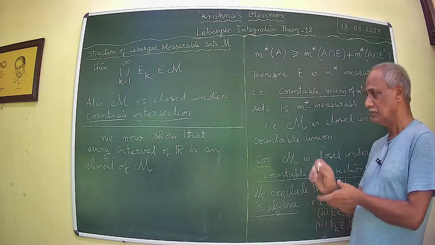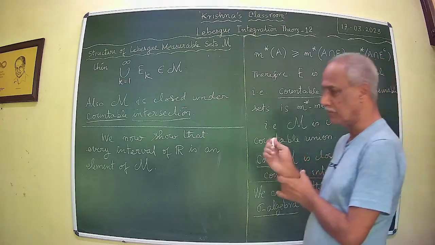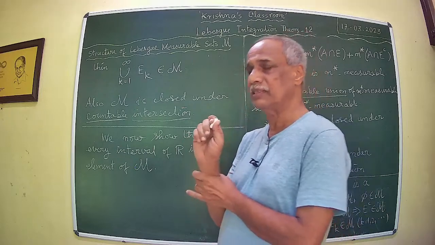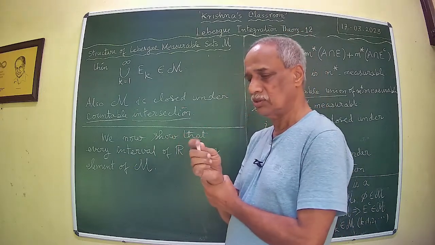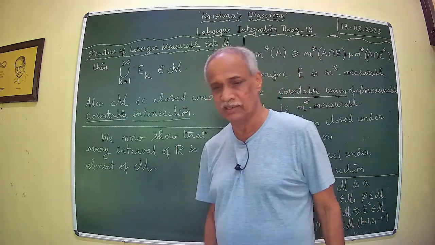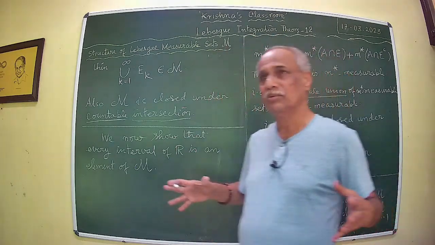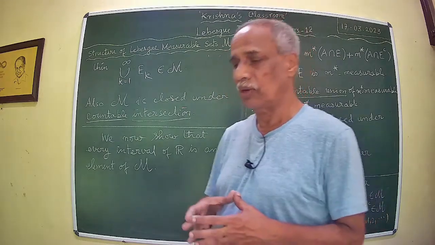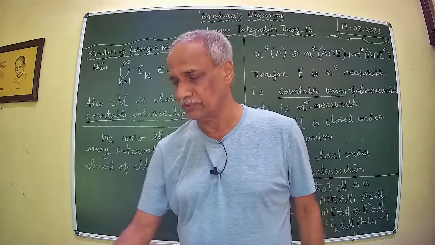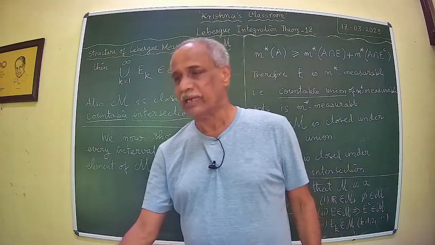Okay, and we have already seen that for intervals, the m star of an interval is its length. So later we shall put all this information together and define what is called the Lebesgue measure. So, okay, thank you very much.